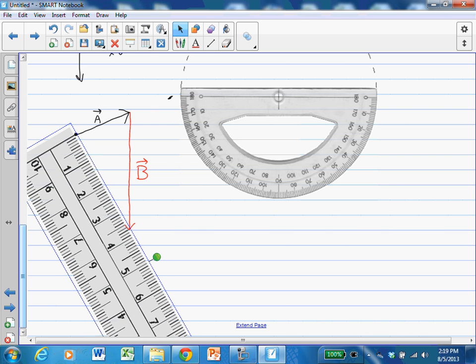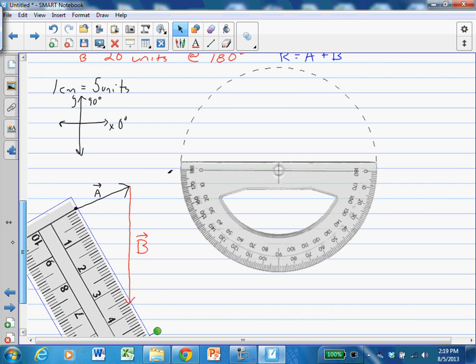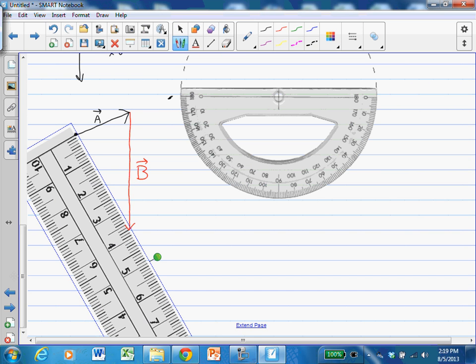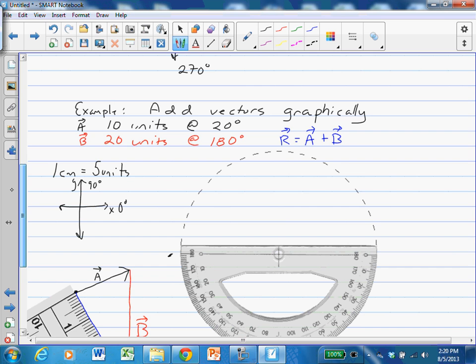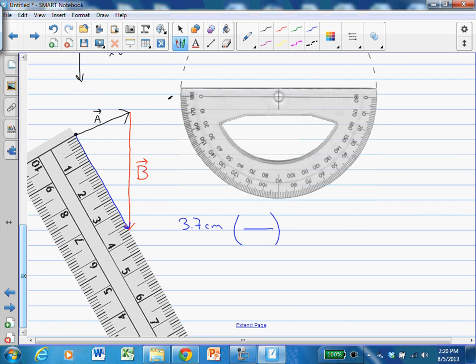So, I think I had it blue, didn't I? Yeah. So, starting here and going down to, and I can see I have 3.7 centimeters. Okay, well, I need to change that because remember my scale up here is 1 centimeter is 5 units.